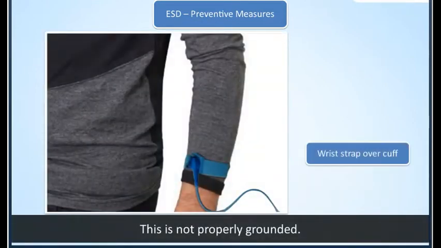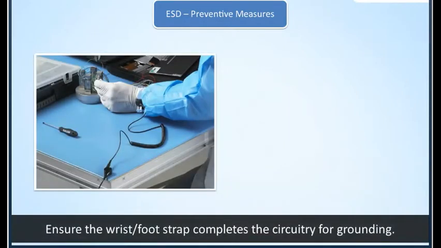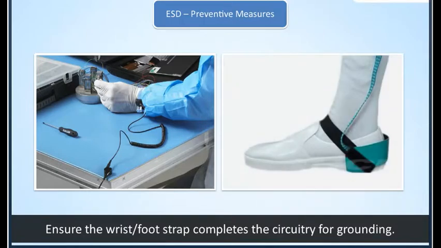When wearing a wrist strap, don't wear it over your cuff or sleeve. If you do, then you are definitely not grounded. So ensure that the wrist strap or foot strap is in contact with your skin to complete the circuitry for grounding.